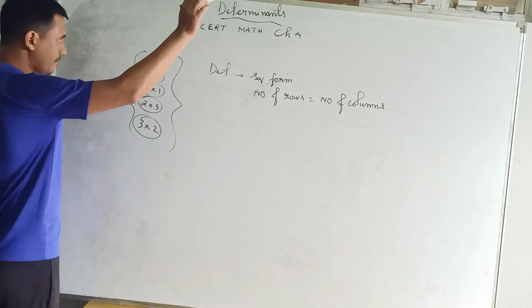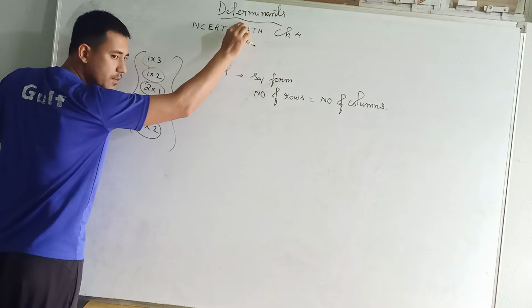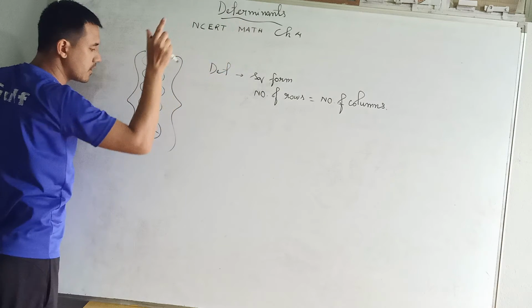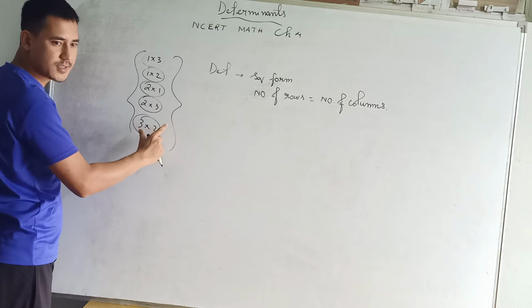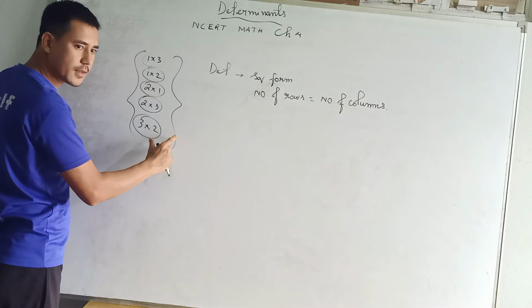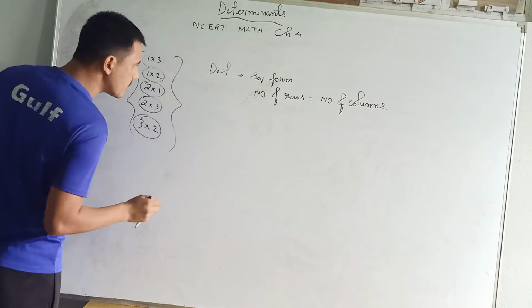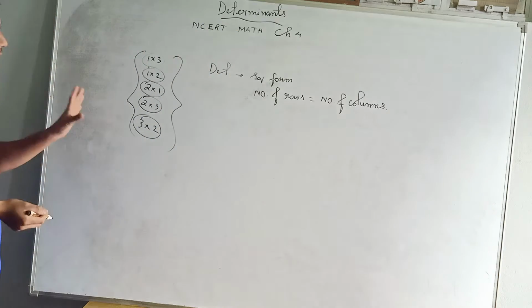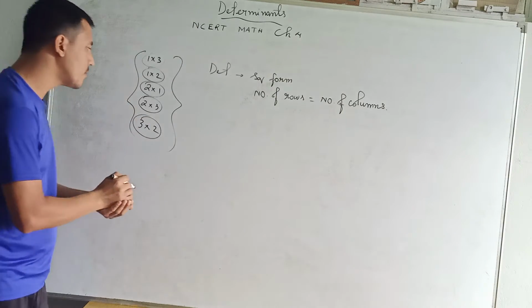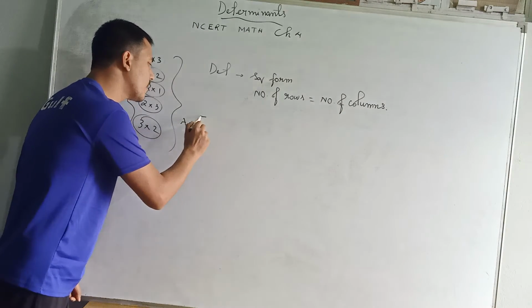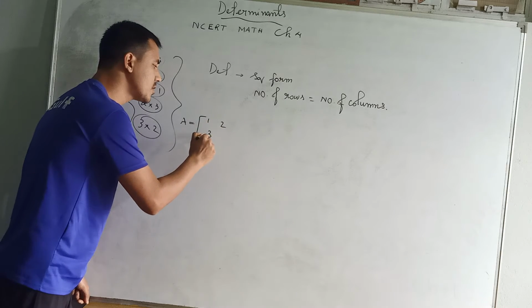Now, we use determinants to find the numerical value of a given matrix. Are you clear about that? Suppose A is any given matrix, 1, 2, 3, 1.